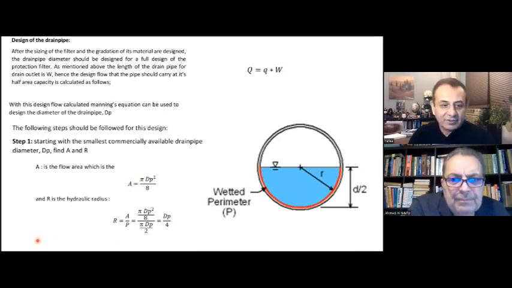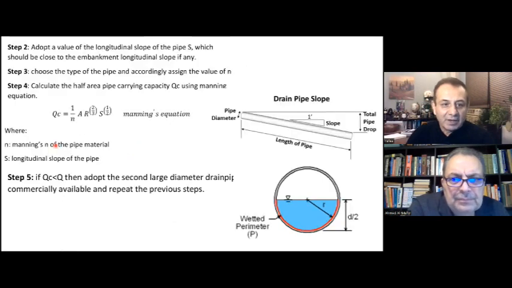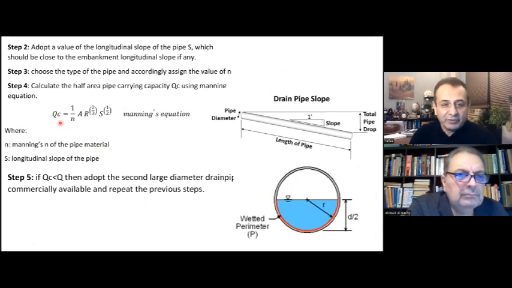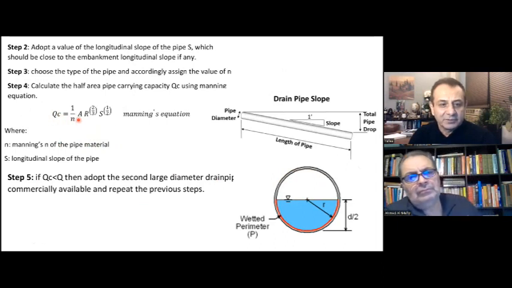So when we go to this equation, before we used half the area and the hydraulic radius, we calculated QC, which is the capacity for half flow. Now, if we need to calculate Q when the pipe is full, we don't need to repeat this. We just need to multiply the area by 2. That means Q full is double QC.